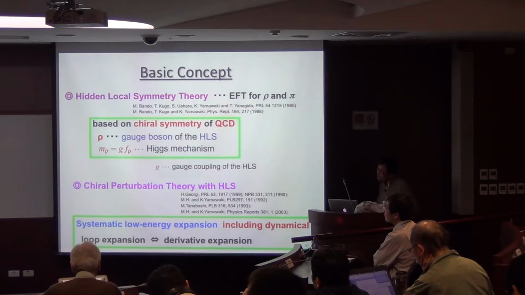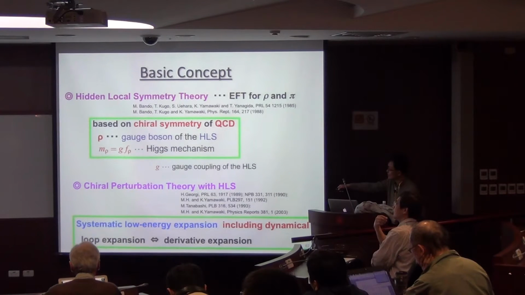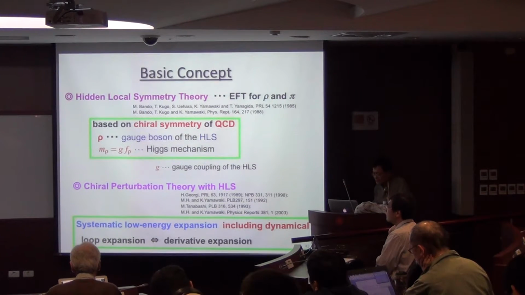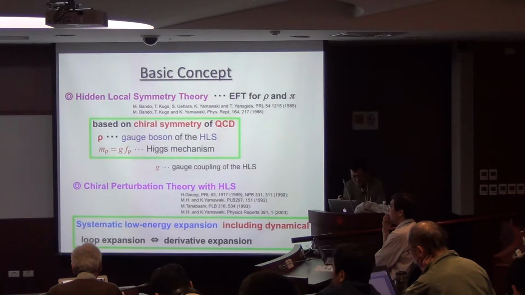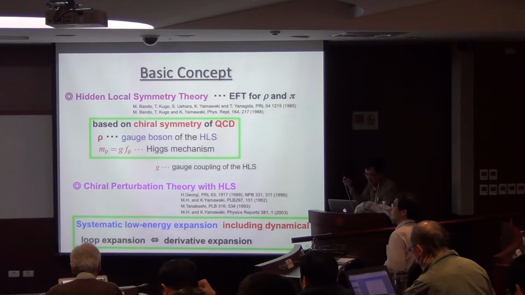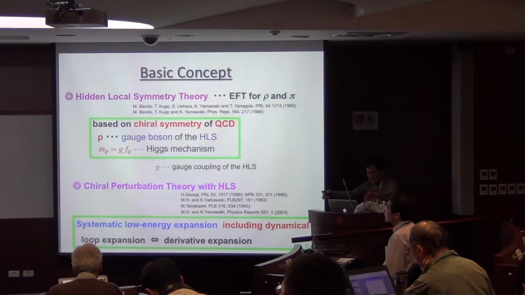In the chiral perturbation theory with the local symmetry, we can make a systematic expansion, including the dynamical effect of the rho meson. We can show that the loop expansion corresponds to the derivative expansion. As a result, we can make a systematic derivative expansion of the terms in the Lagrangian. Then we can say that this is the leading order, and these terms are next order.